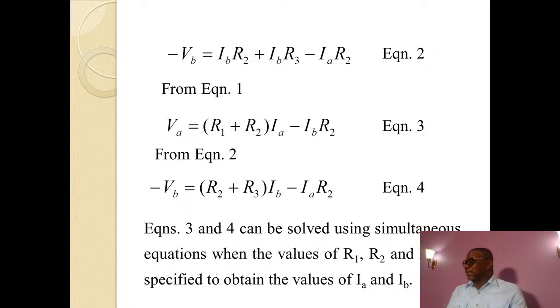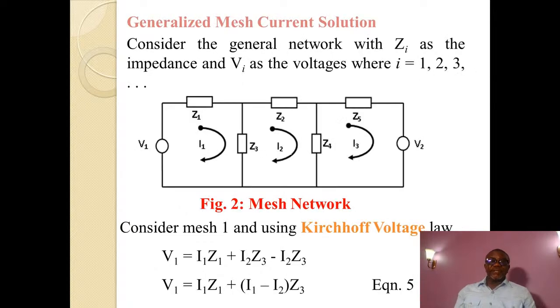And when you do that, you'll be able to obtain the values for IA and IB. So now this mesh can go on from mesh 1 to 2 to 3 to 4. If you follow the same pattern, you'll be able to get the equations for all the meshes.